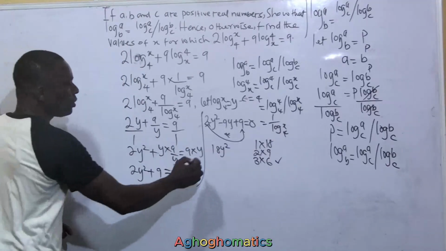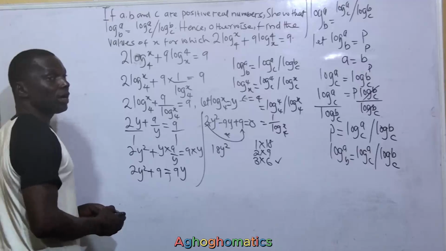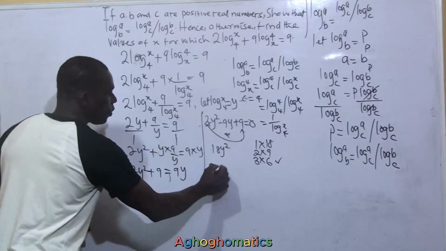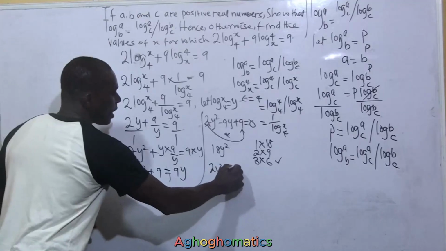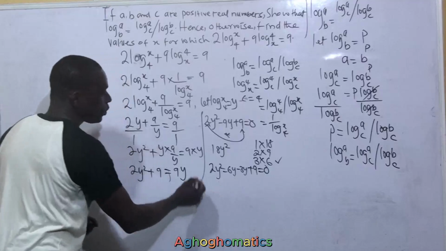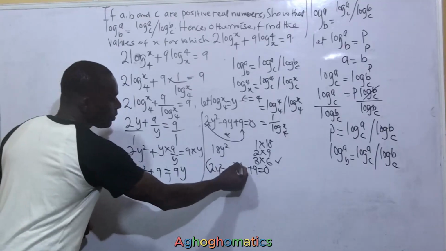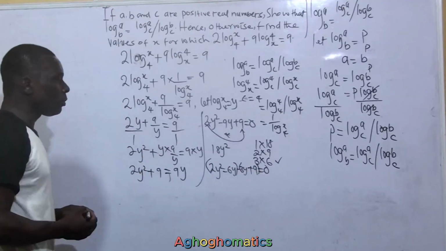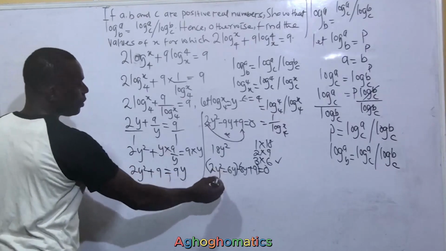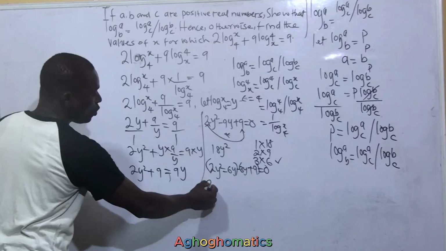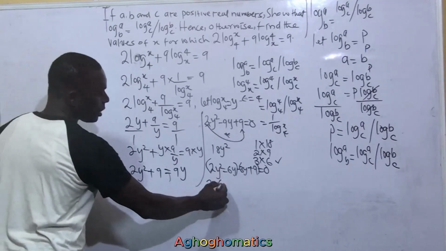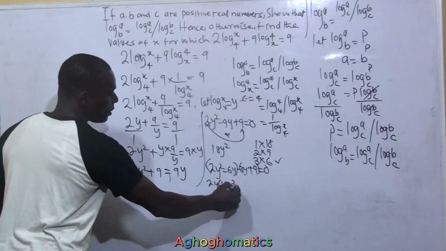So here we replace minus 9y with minus 3y minus 6y. This becomes 2y squared minus 6y minus 3y plus 9 is equal to 0. Here we group them with brackets. In the first group, 2y squared minus 6y, the common factor is 2y, and what is left in the brackets is y minus 3.